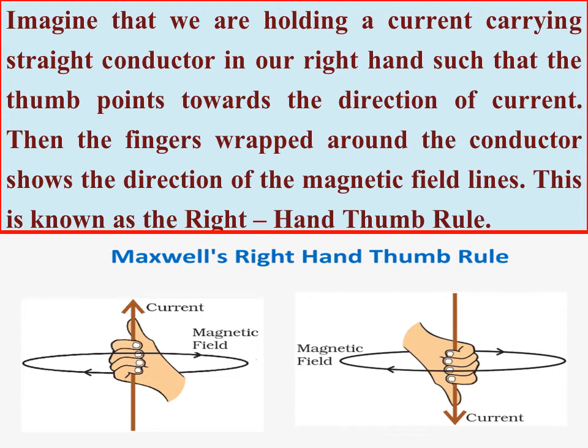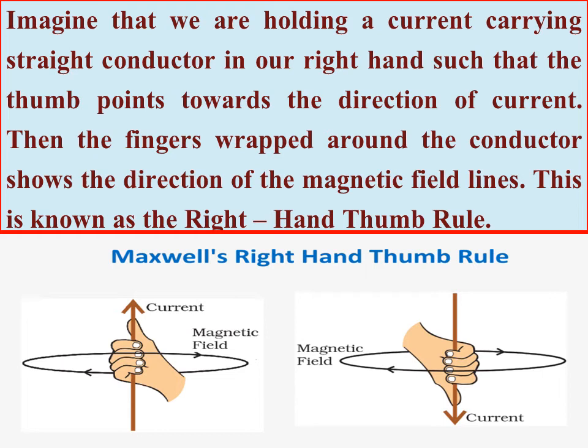In the second figure, we are holding the conductor in our right hand by keeping the thumb in the downward direction. That means here the current is in the downward direction. Then the fingers wrapped around it show the direction of the magnetic field. In the activity which we have explained before, the direction of current is given in the downward direction, so the field direction is also shown as in the second figure.